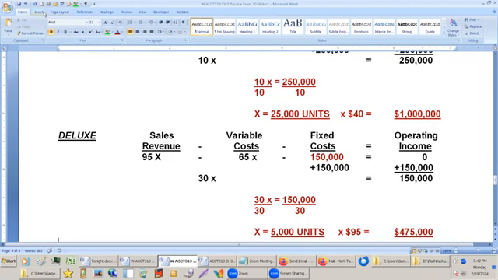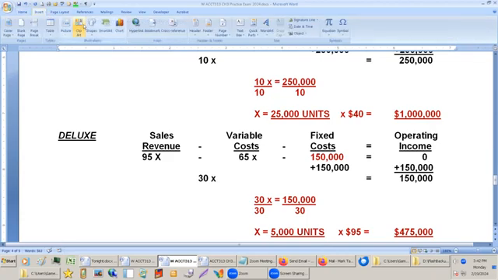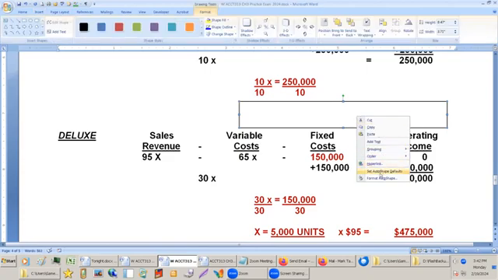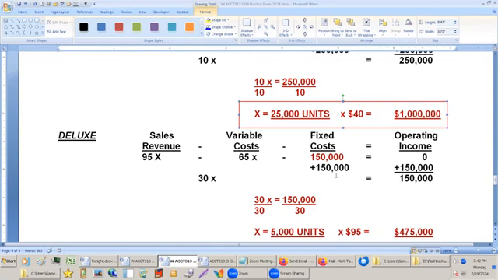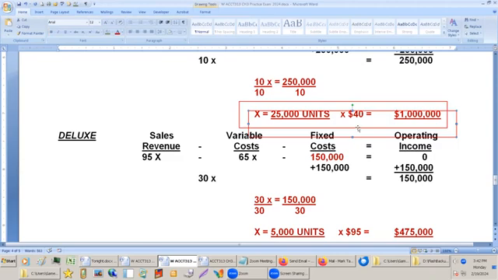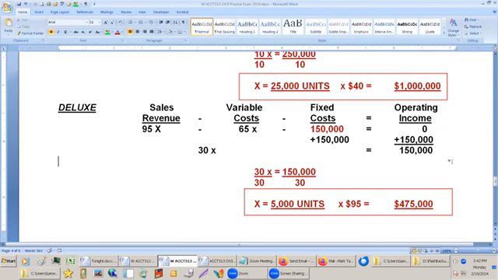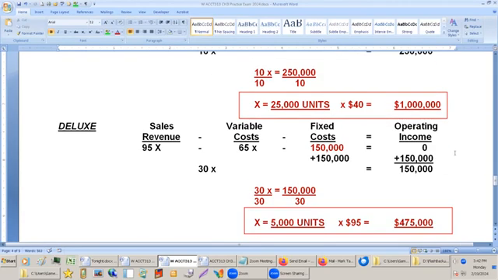Well, that wasn't the ideal way to show those, but so that would be the break even for the standard, and this would be the break even for the deluxe.